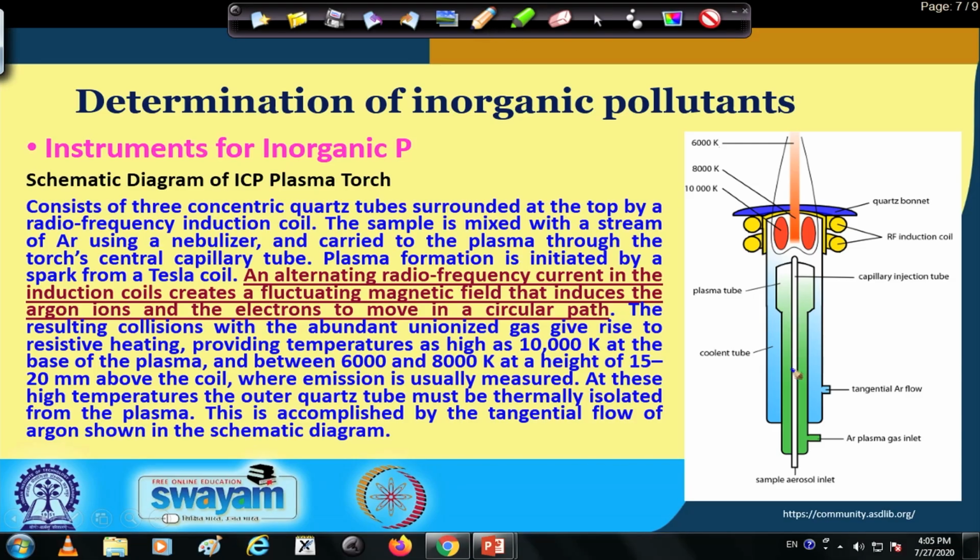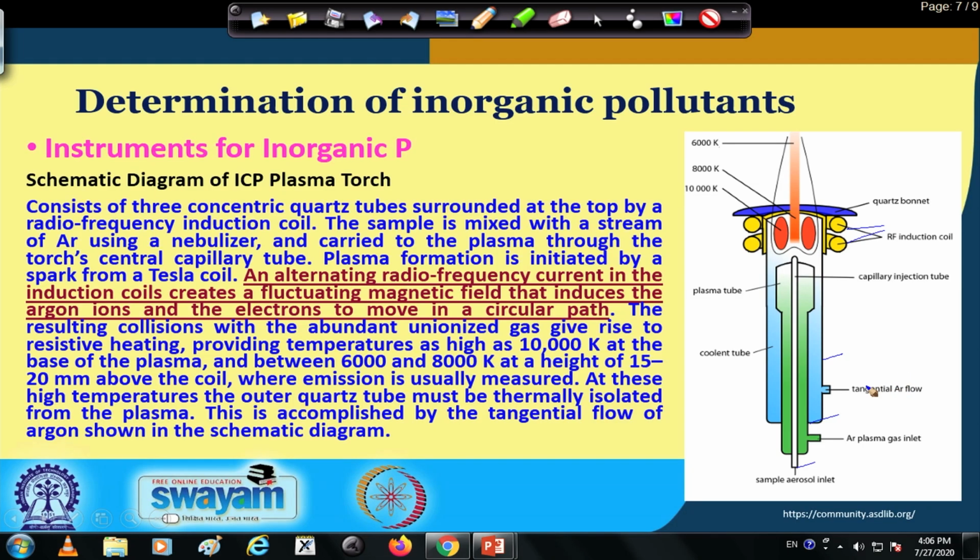At the middle there is a sample capillary injection tube, and after that there is a plasma tube, and at the outermost there is a coolant tube. This is the radio frequency induction coil.